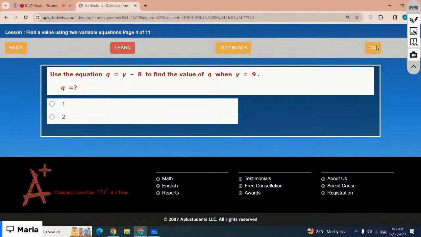The next one is use the equation q equals y minus 8 to find the value of q when y equals 9. So, which is the correct option?